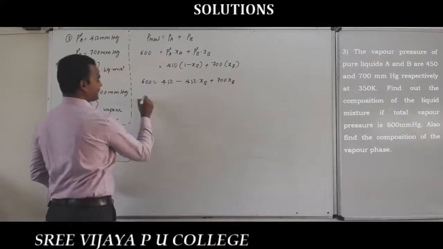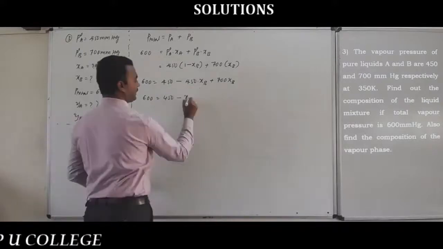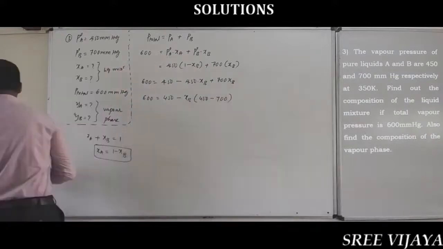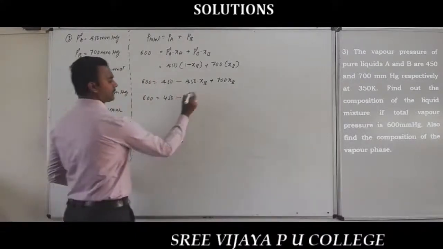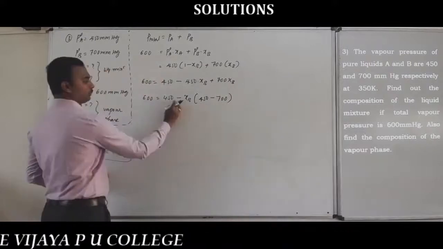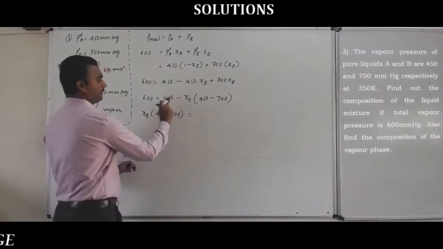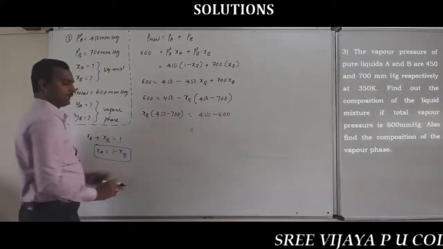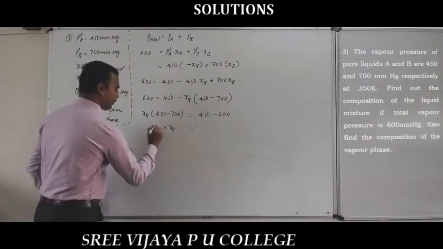Now take XB as the common factor, so what do you get? 450 minus 700 times XB. Take the 600 to the other side, so XB into (700 minus 450) is equal to 600 minus 450.